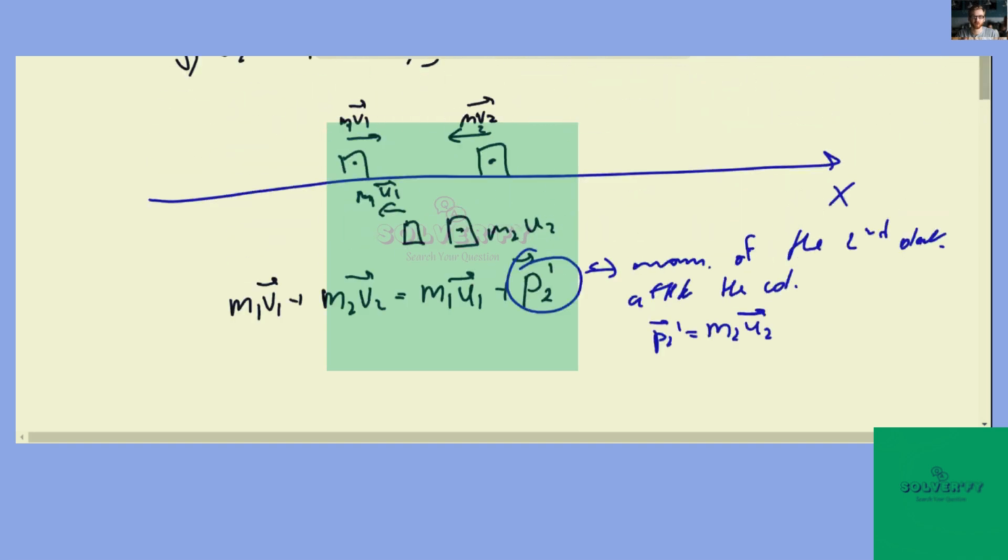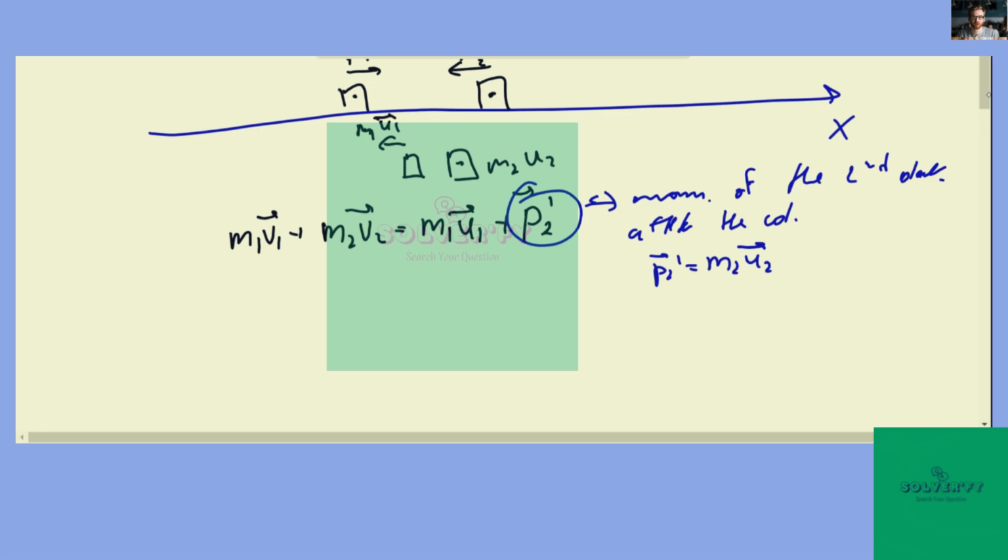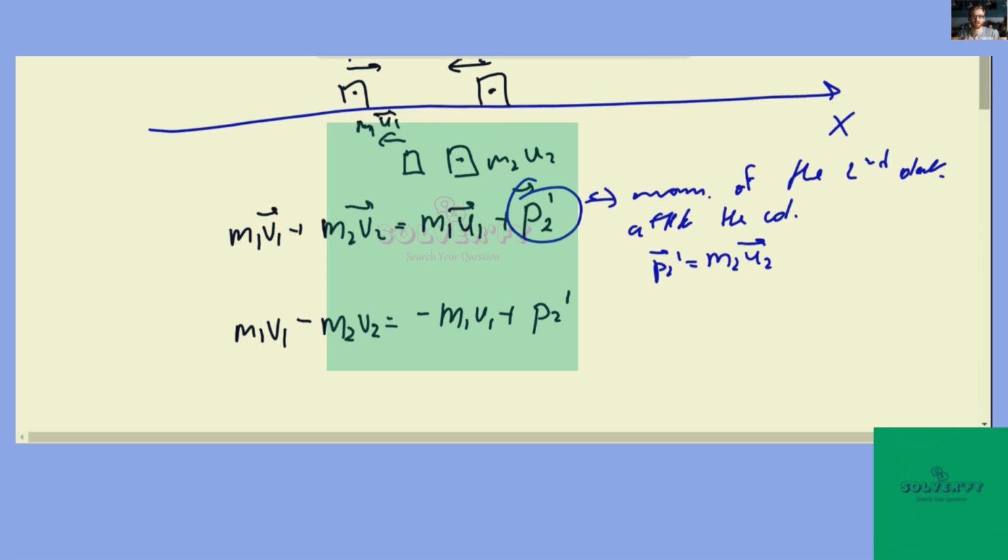Let's project all these vectors onto the x-axis. The projection of the first block is positive, so it's m1v1 minus m2v2 equals negative m1u1 plus p2 prime. And here we will determine the sign and the value of p2 prime.